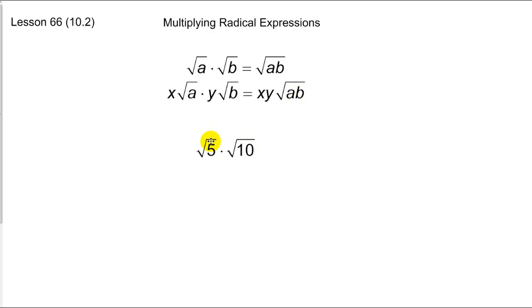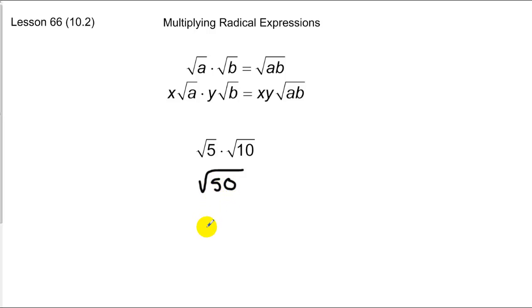So let's look at this problem down here with root 5 times root 10. That fits the first property. So I have two separate radicals. I can multiply those together to get one radical that's a product of those two specific factors. Now you'll notice in root 50 I have to make sure that's simplified.